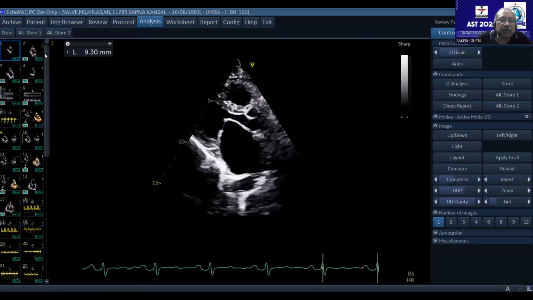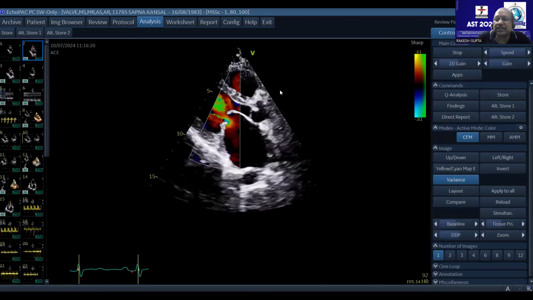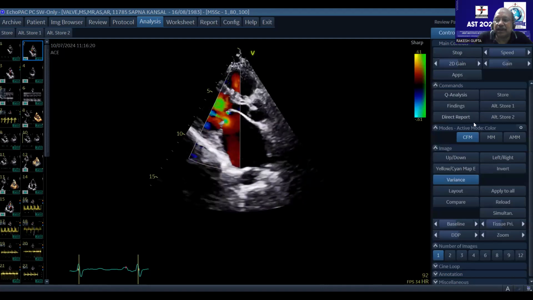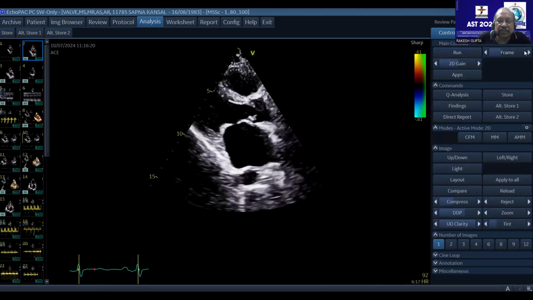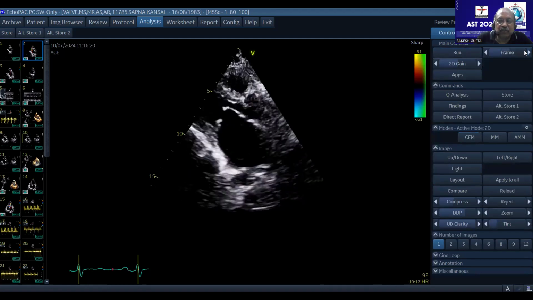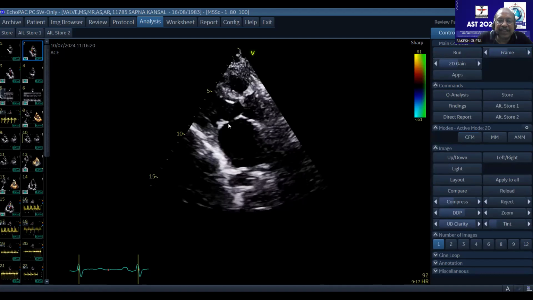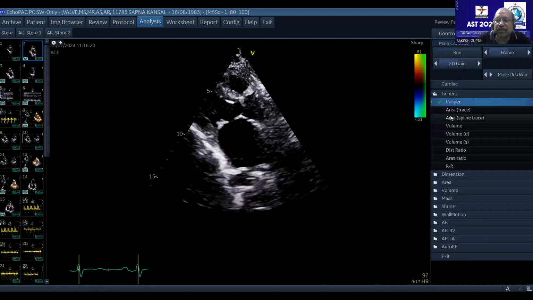We have to move on to the LA measurements. So I'll get rid of my colors. Here I've got my colors. I'll ask the machine to stop my images and then go frame by frame to the maximum LA size, where the mitral valve is just closed, and go to the caliper to measure the long AP diameter of the LA.